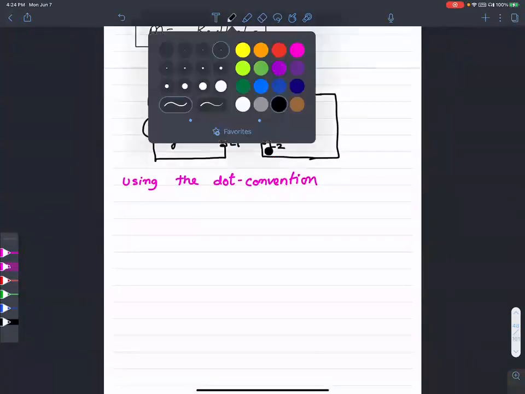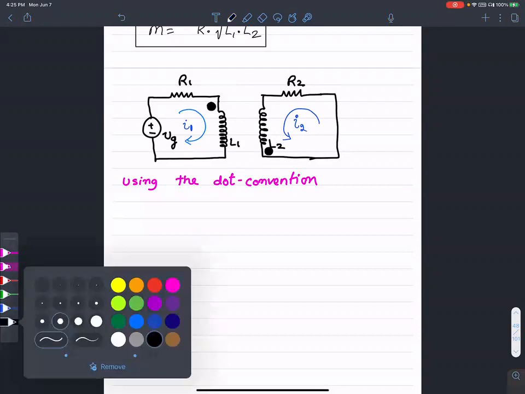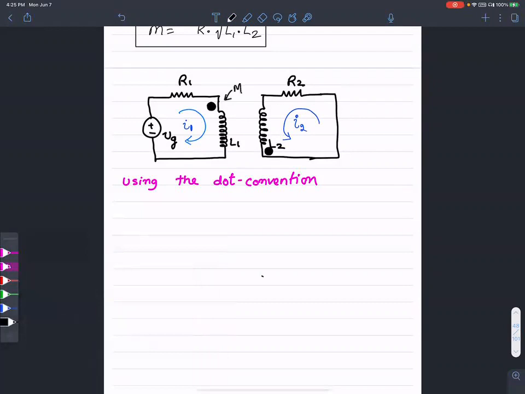Let me completely draw this circuit. There is a current I1 flowing in here, and there is a current I2 flowing in this direction, and the amount of mutual inductance is M. Let's say that there are these dots.